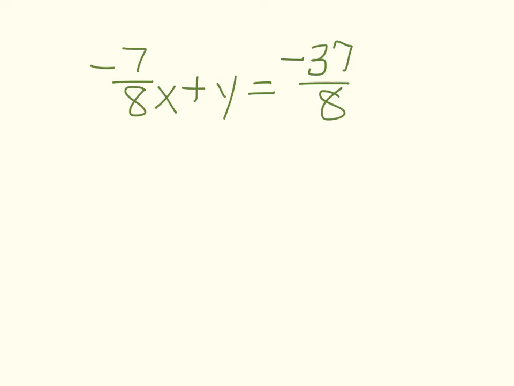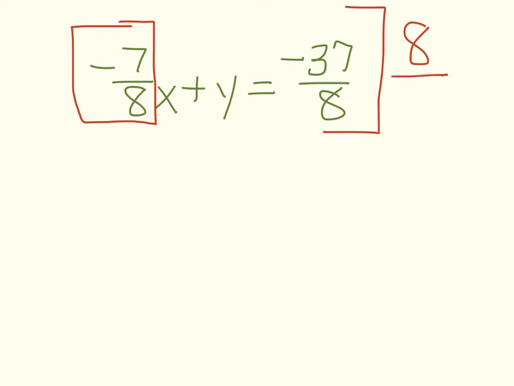Now the problem with this is that my leading coefficient is not positive and it's not an integer. I need to remember how to get rid of these fractions, and the only way to do that is to multiply every term by 8/1. But that would still leave me with a negative coefficient. So I'm going to multiply everything by negative 8/1.